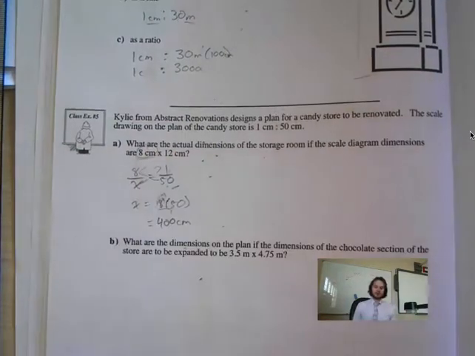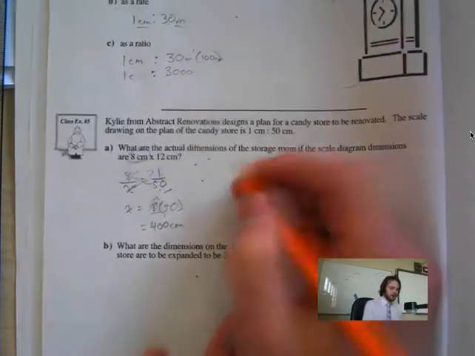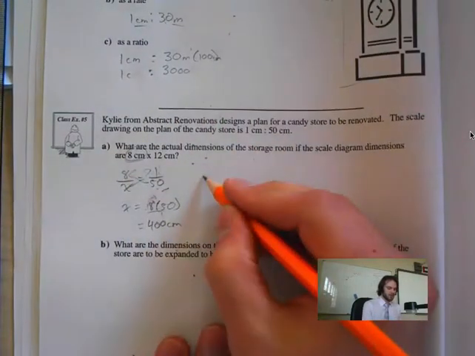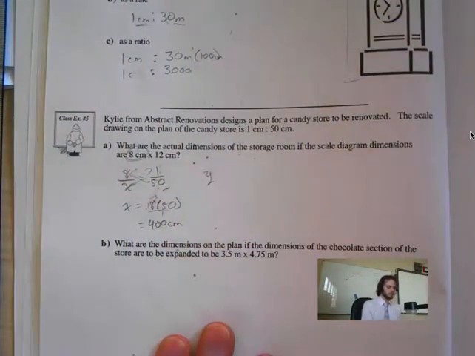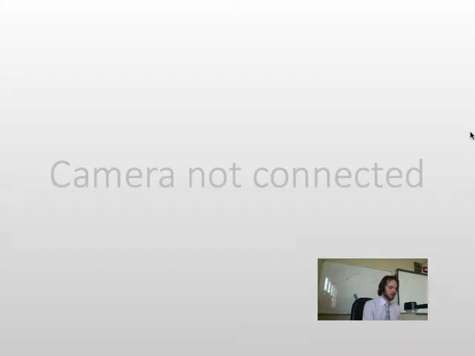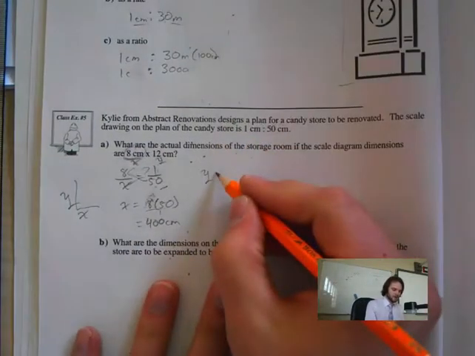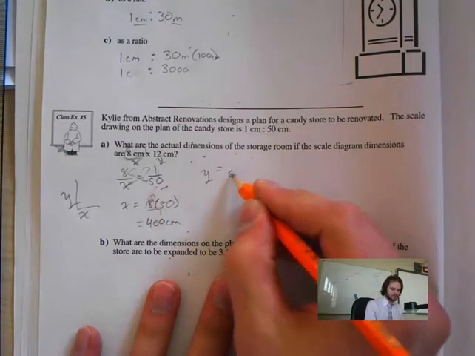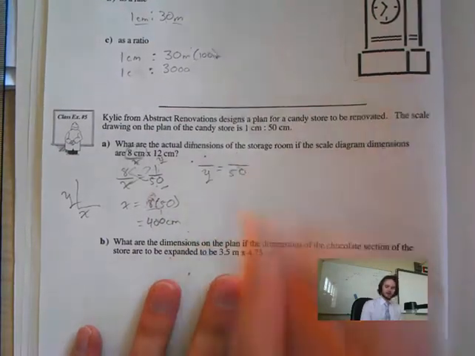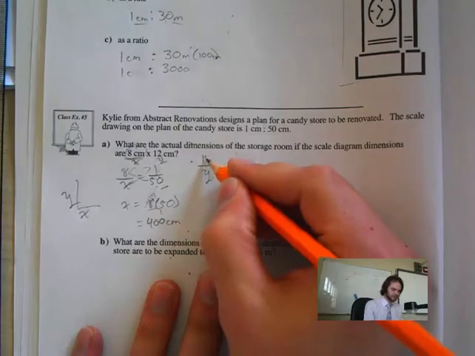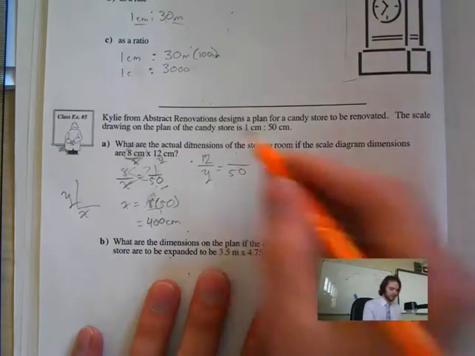So that's that one. Now let's take a look at the next one. And we're going to call this my y. Okay? So just so we know the two other ones. So my y dimension. So this is base, x, and y. Okay? Because we look at this, we have x, we have y. So we know y is equal to 50. And if we're looking at this, I know 12 is equal to 1.